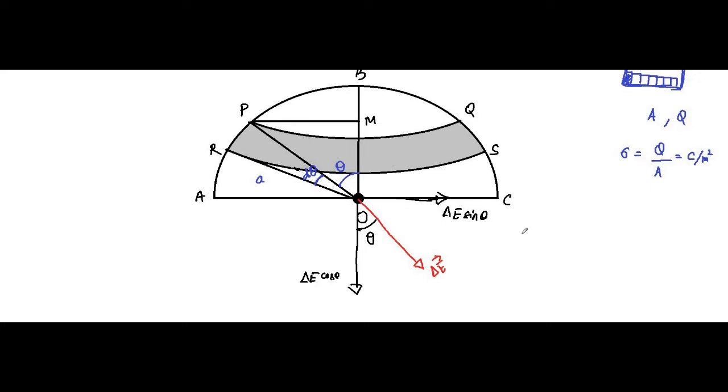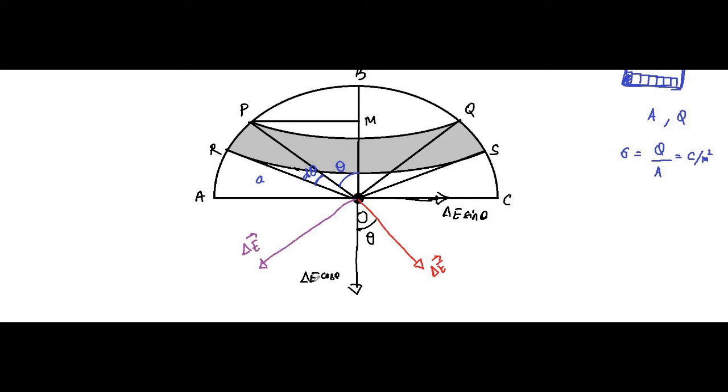As it is a symmetrical structure, exactly at the opposite end on the right hand side, if we pick these two points Q and S, let the electric field intensity due to the right hand end of the ring also be delta E vector, because the surface charge distribution is the same, sigma, and the radius is A. It will have two such components along the vertical and horizontal axis.